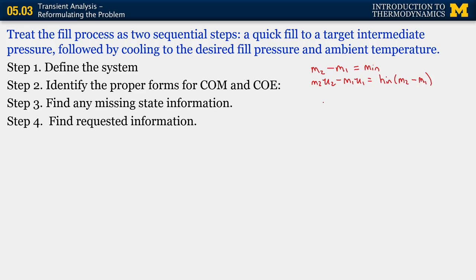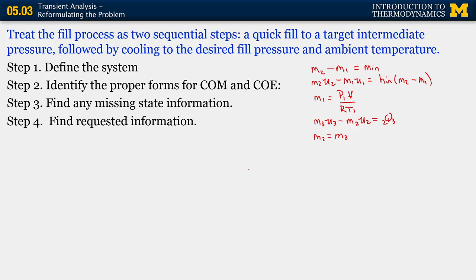Okay, we have the mass at state 1 given by the ideal gas law. We have the conservation of energy for the second part of the process, and the conservation of mass for the second part of the fill process.